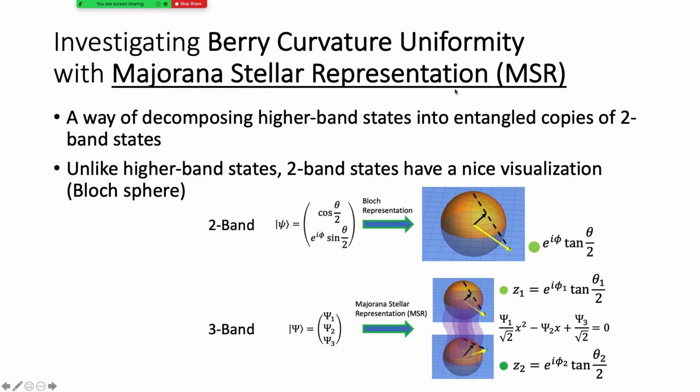That's the Majorana-Stellar representation. Then the next question to ask is, if the Berry curvature of the spin half particle is just a solid angle, just the area on the sphere, what is the geometrical picture for the Berry curvature of spin 1 particles? That's the question that I solved in my research.